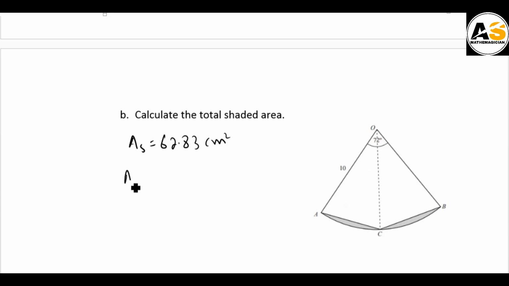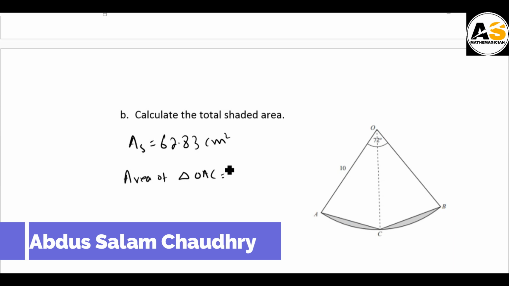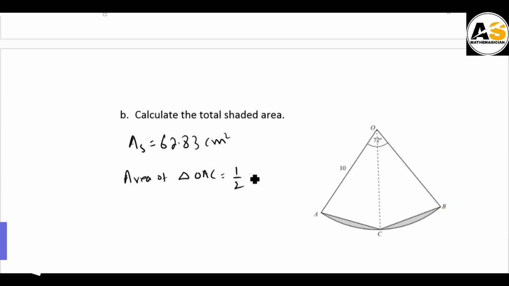Area of triangle OAC is equal to, I am using sine rule, 1 by 2 into 10 into 10 into sine 36. This is the angle 36. This will be sine 36 degree.